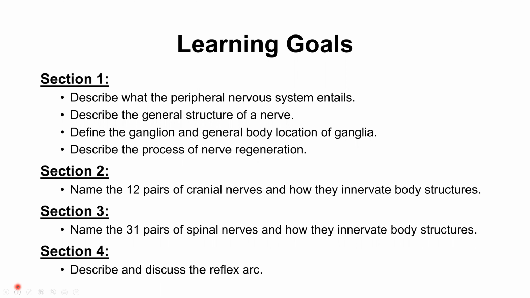So I am breaking this lecture into 4 different sections. And so with that, I'm going to do 4 different videos just to make it seem a little bit less, I think, overwhelming.